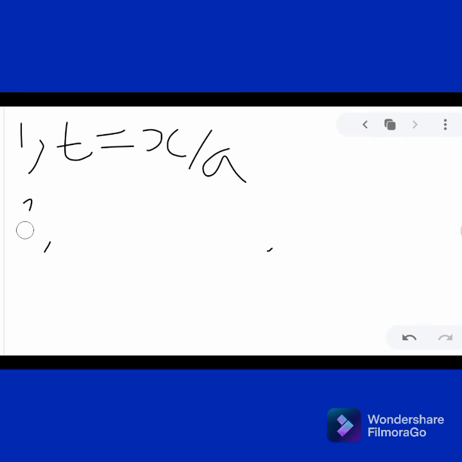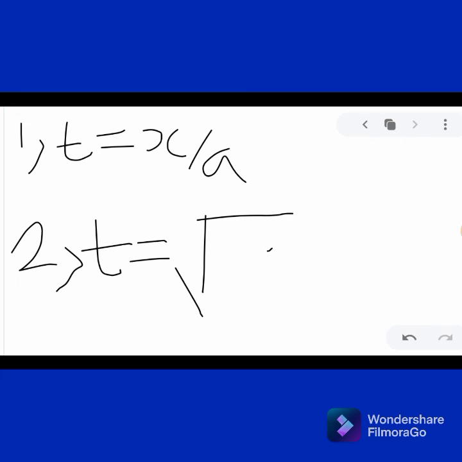The second one will be T is equals the square root of 2x all over A. And let me squeeze in one more.